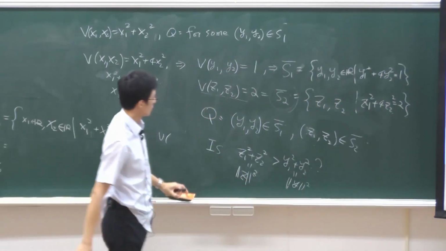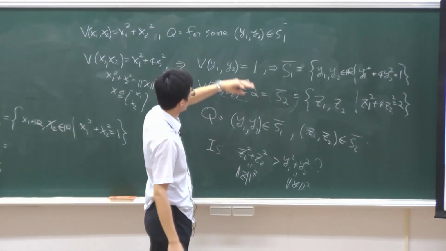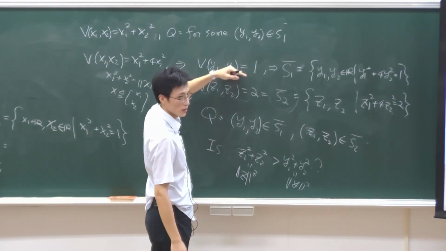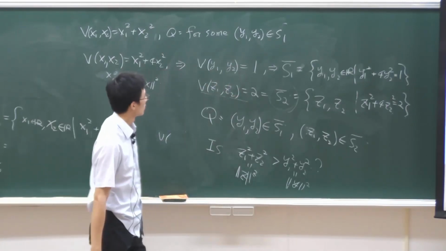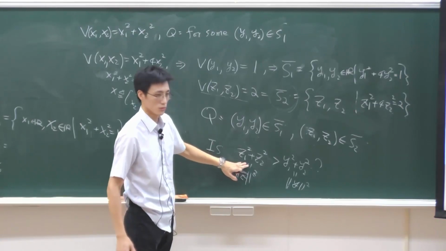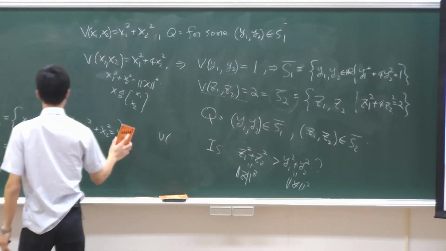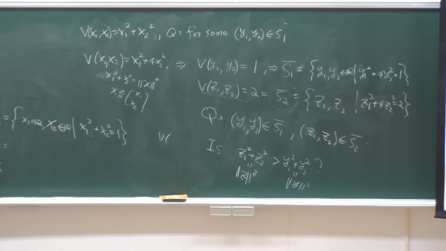Okay, it's clear, right? Say labels 1 and 2, the V values are different. This V value is greater than this. Okay, but this is not always true. And why?